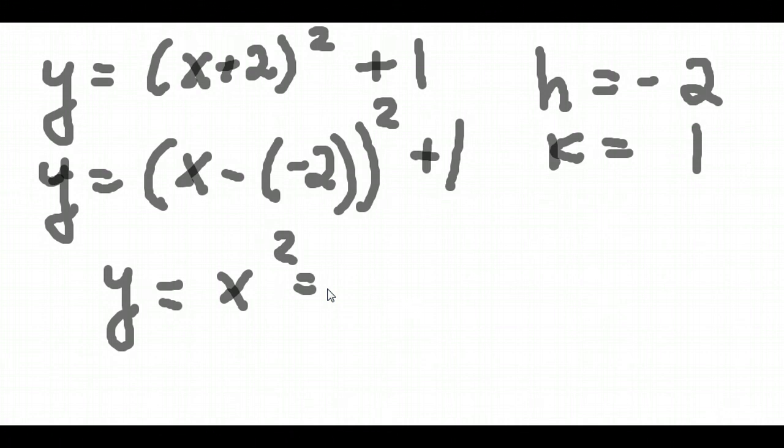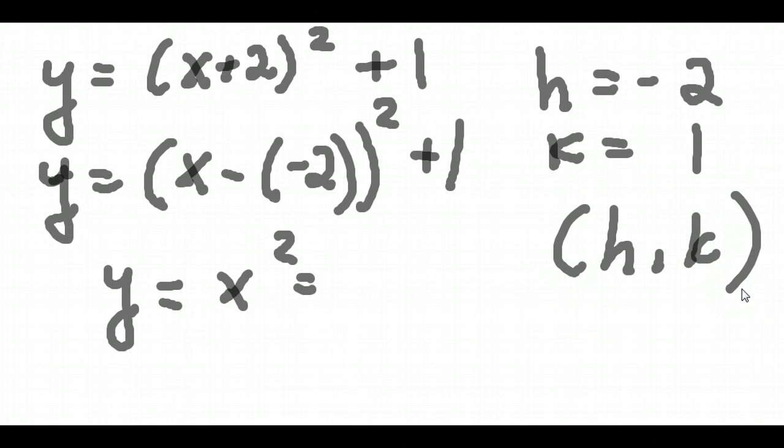If you have a graph that looks like that, upward opening, the first thing we want to do is plot the vertex. We know the vertex is (h, k). So can somebody tell me where the vertex is?